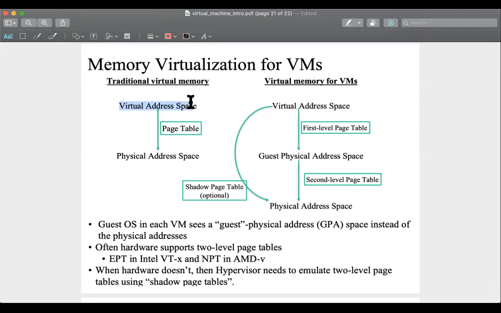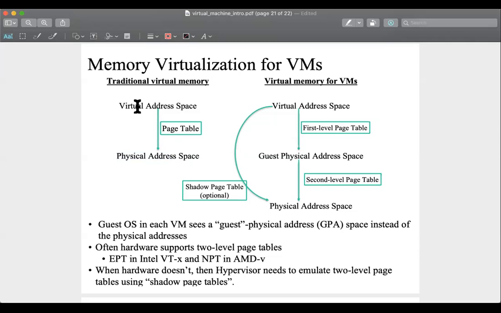Whenever processes run, they issue a virtual address, and every process has a page table, and the MMU looks into the page table and converts each virtual address to a physical address, which is then used to access the main memory for the process. So this is a one-level translation, right? There's one page table. You provide a virtual address, the MMU gives you a physical address.